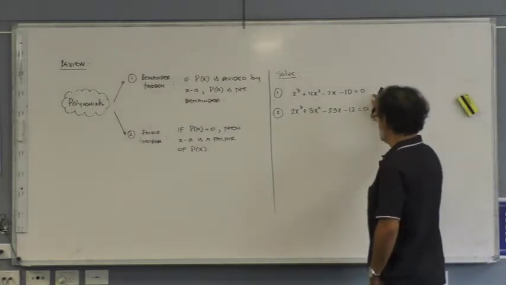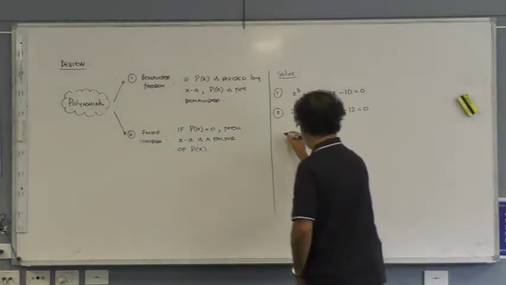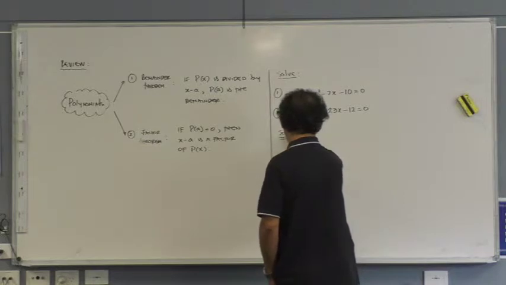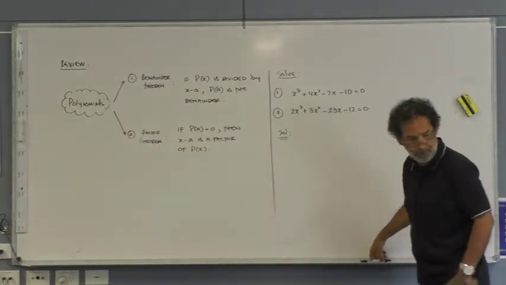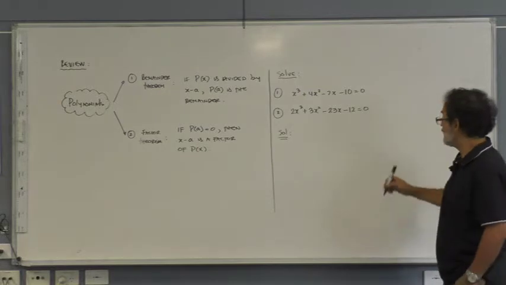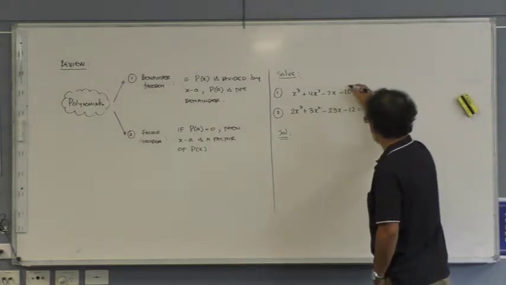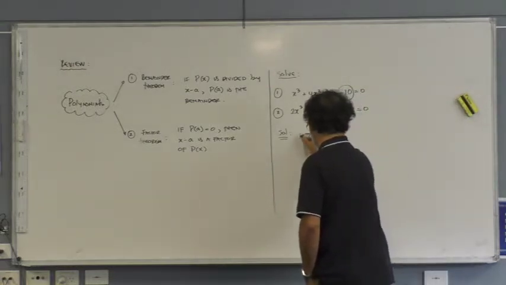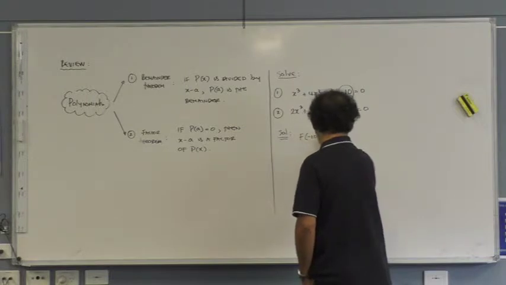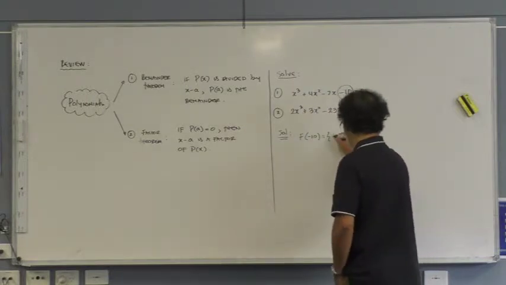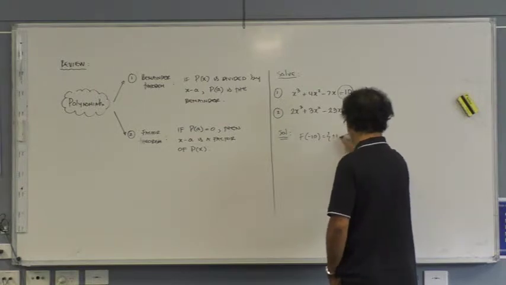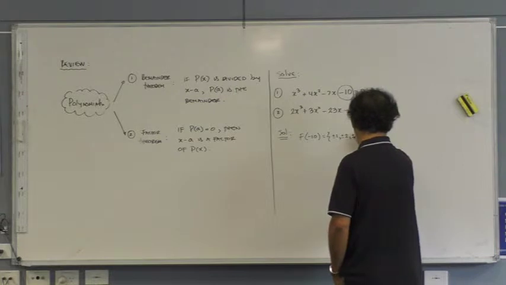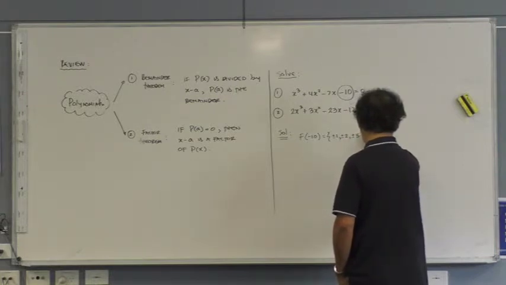Okay, so let's solve the top one. Firstly, we have to find the factors of -10, and we have a few of them. So we're going to say factors of -10: plus or minus 1, plus or minus 2, plus or minus 5, and plus or minus 10.